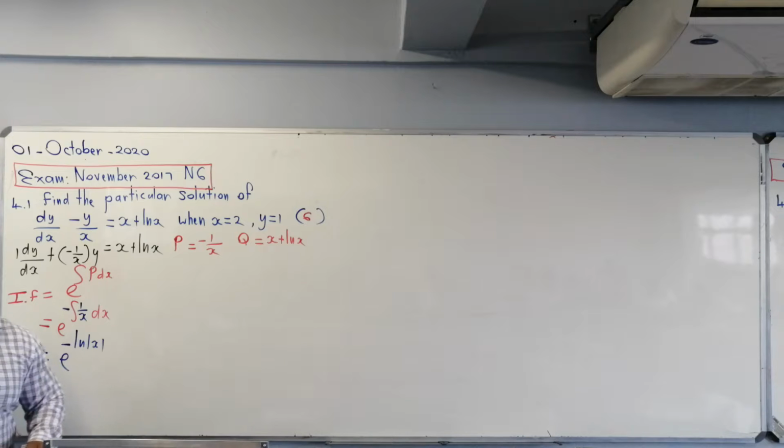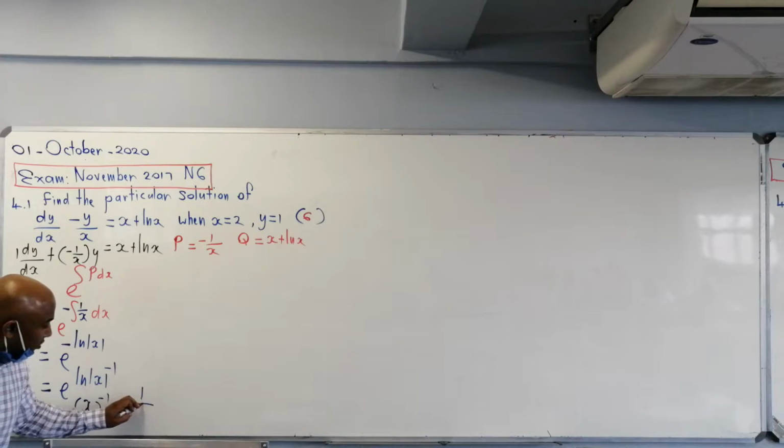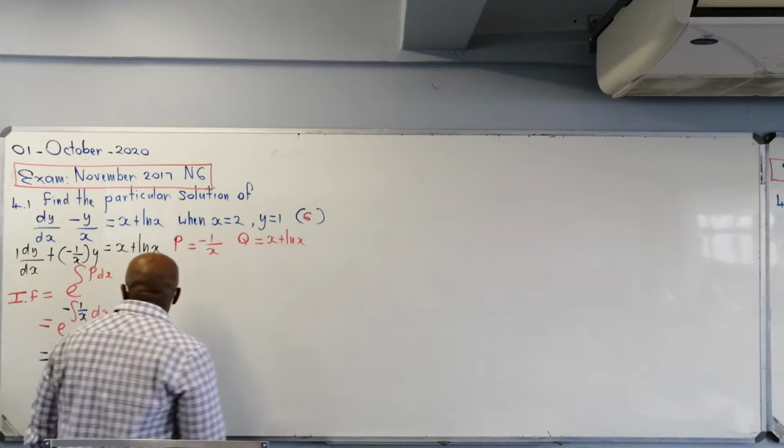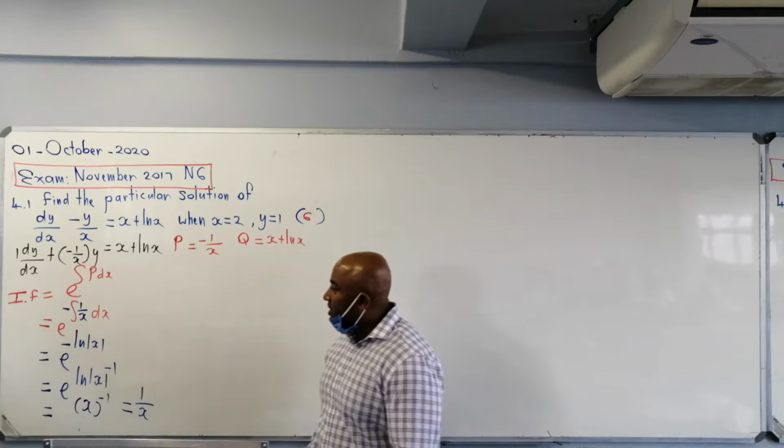Now you cannot simplify straight away because of the negative. So that will be e to the ln, use your log law, make negative 1 become an exponent, and only now you can simplify. So it's equal to just x to the power minus 1, which is 1 over x. Right, so now that is my integrating factor.